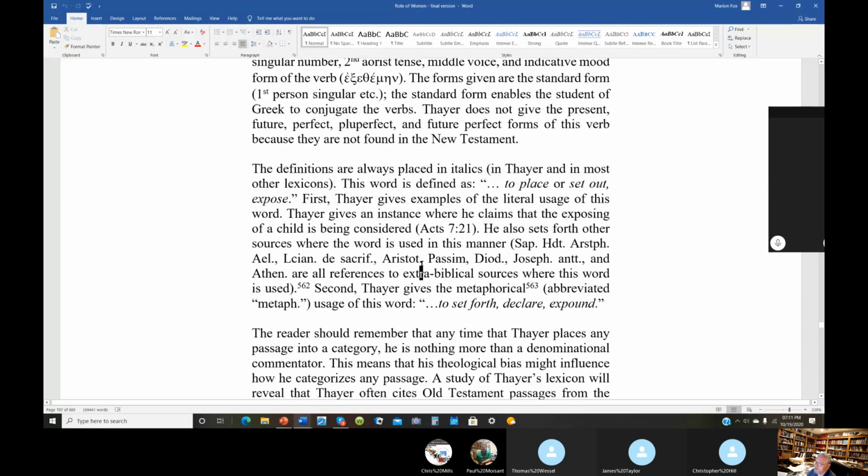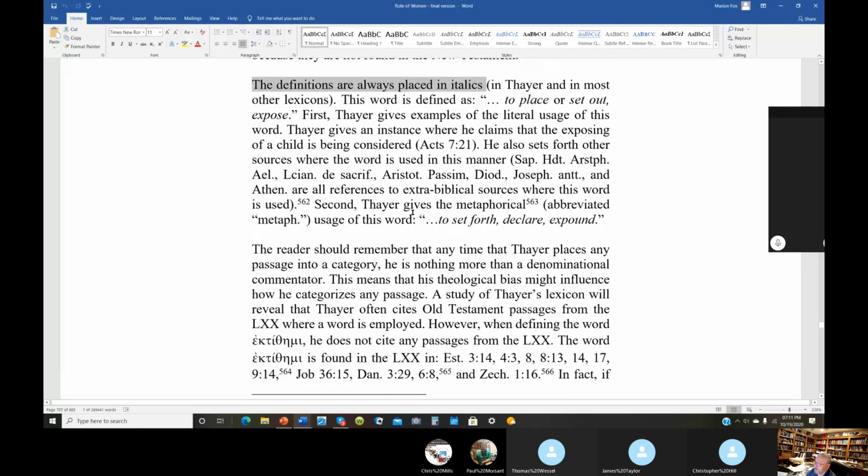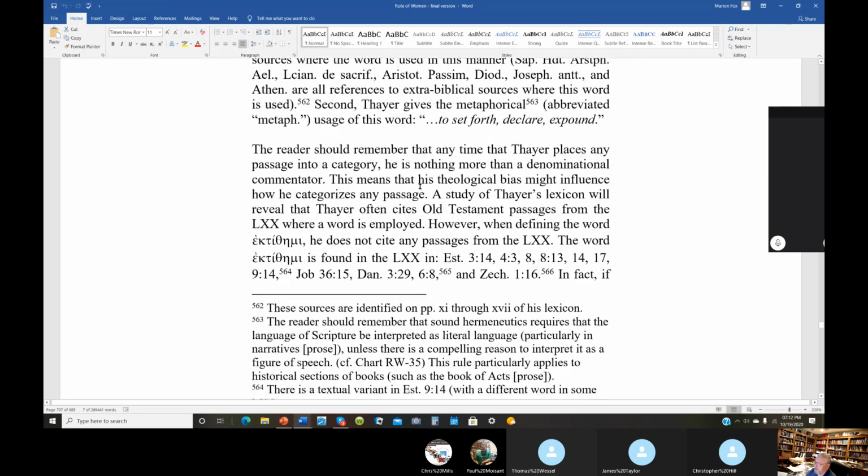I look at all the passages in detail, but right here, I'd say the definitions are always placed in italics in Thayer and most other lexicons. There's your definitions. And all the references here are your extra biblical sources where the word is used. And he gives the metaphorical.